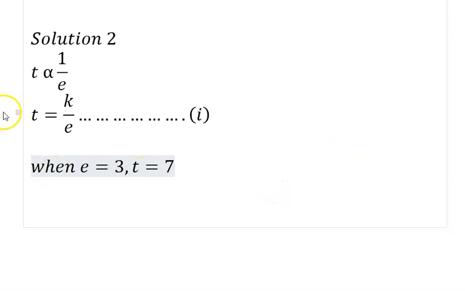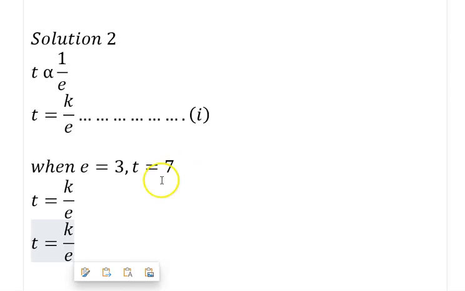So let's just input this value in our equation 1. Because we're actually looking for K, E is 3. Then our T is what? 7. Beautiful.